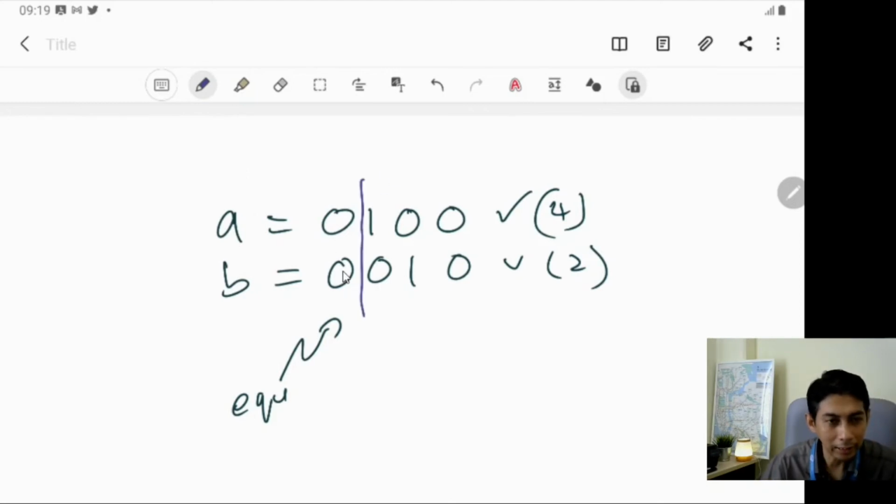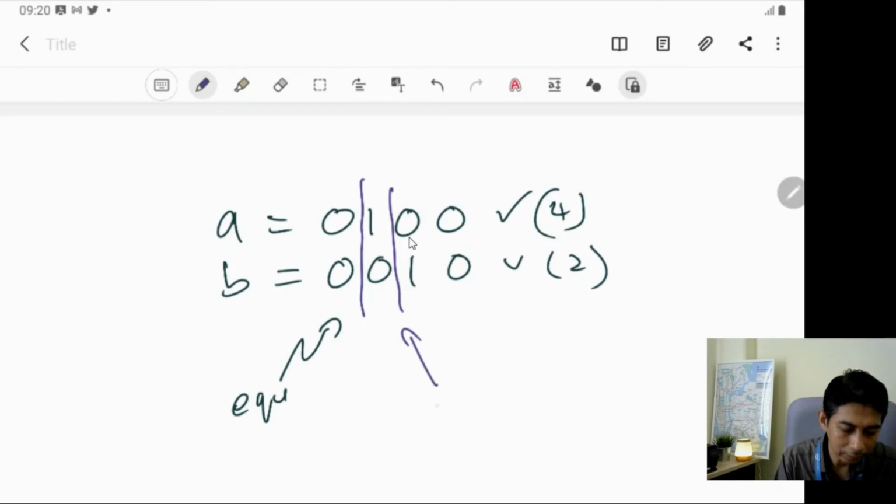So in this case, the hardware will assume that A and B are equal because the first bit that it checks is equal, and it will then go to check the next bit. All right, and here it will conclude that A is bigger than B now, correct?